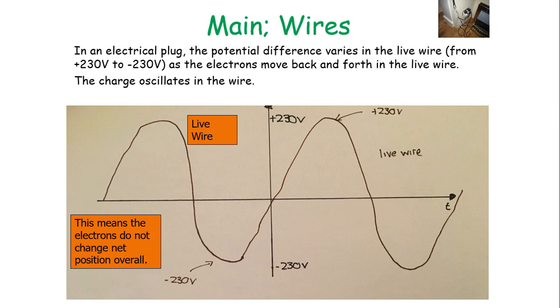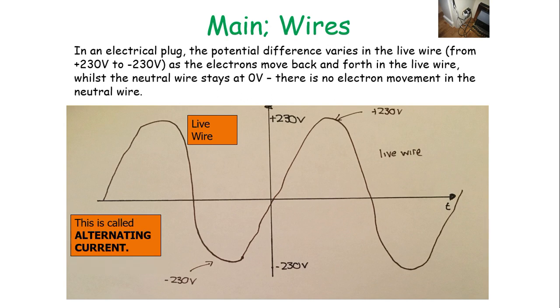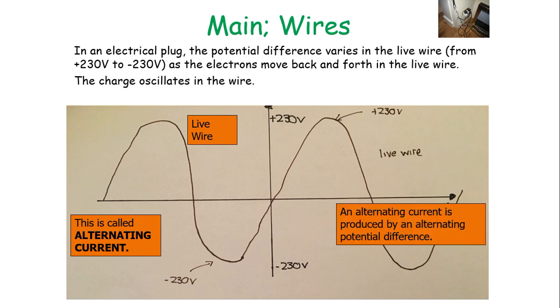So the electrons don't actually change net position overall. They're in fact going one step forward, one step back. So on average, they're staying in the same position. We call this particular idea alternating current, when the charge goes back and forth. An alternating current is produced by an alternating potential difference.